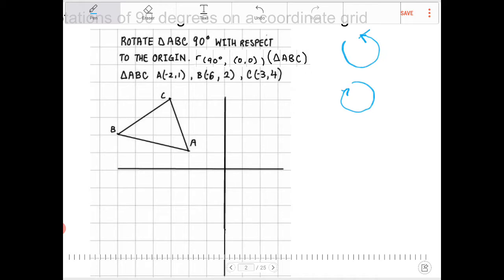All right, welcome back. As it turns out, positive rotation is actually this one. This is positive rotation. This is negative rotation. This is actually inherent within our DNA. Which way does the sun rise and which way does the sun set?